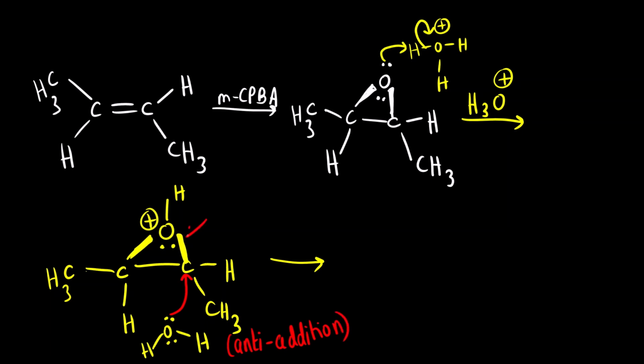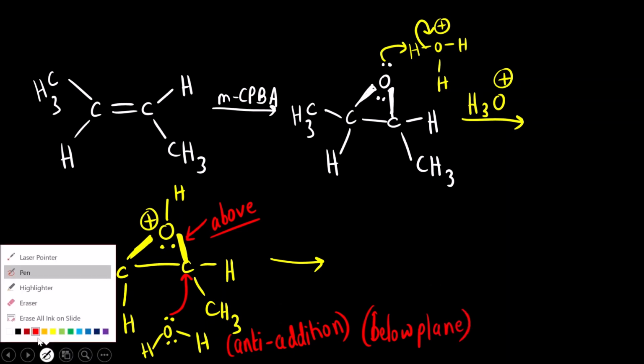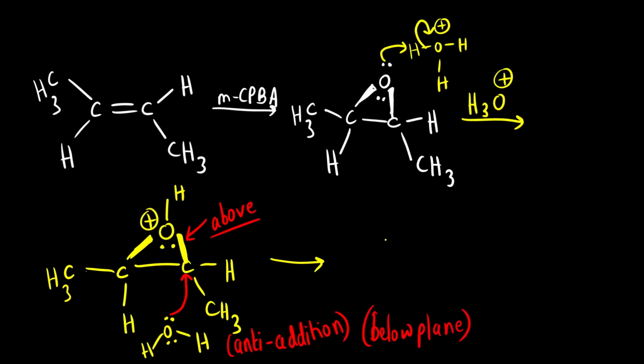Now above the plane you can see the ring is formed, right? So this will attack from below the plane. So the final product that we are going to get is CH3CH. Now here above the plane there is OH. Okay, then CH. Here from below the plane what has attacked? Water molecule, right?